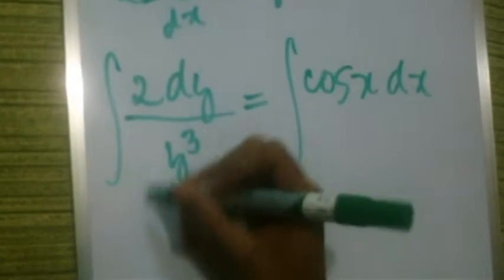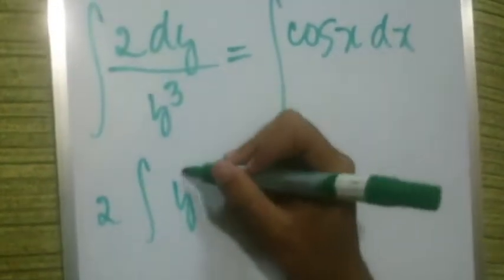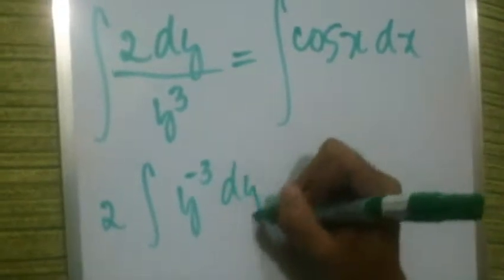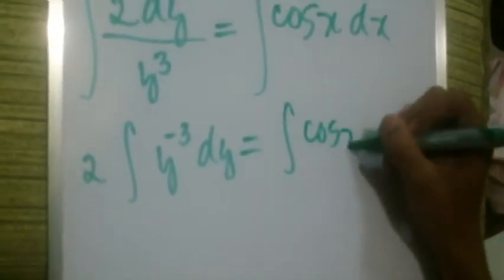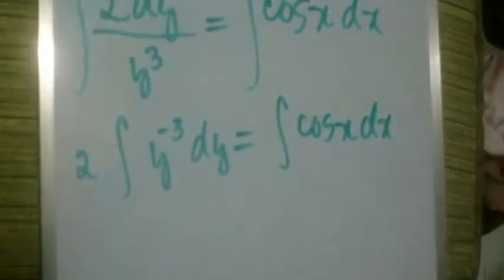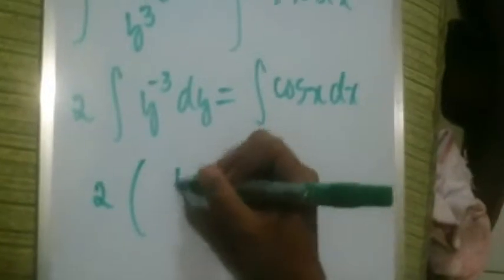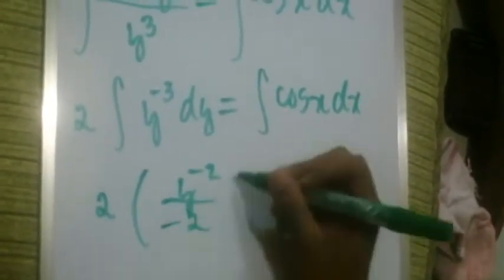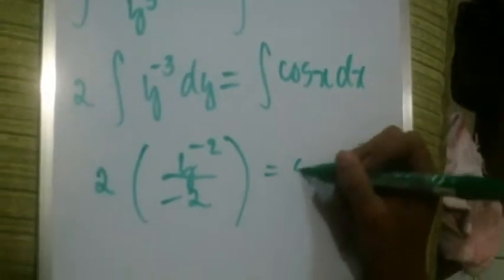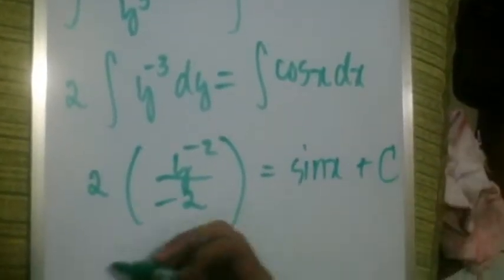Integrating this, we will have to raise y to the negative 3 to simplify our problem. We then get 2 times y to the negative 2 over negative 2 is equal to sine x plus c.